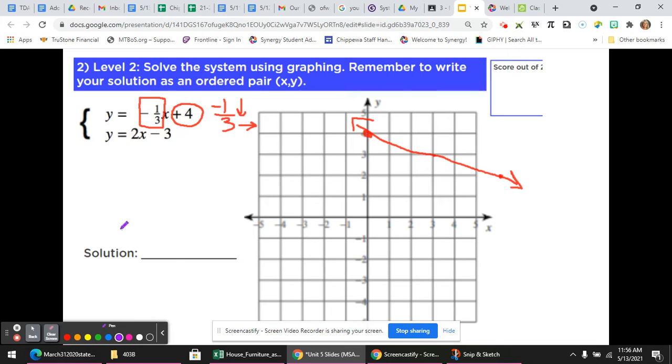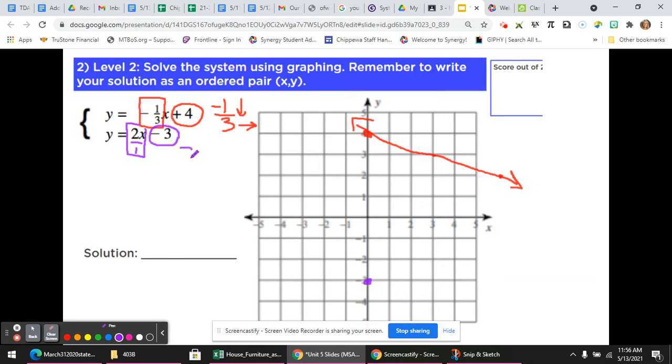Line 2, I'm going to find my y-intercept once again to get this started. It is at -3, so down here, I'm going to plot -3. From this point, I'm going to apply my slope. My slope on this one is 2. Remember, in slope terms, that's like 2/1.